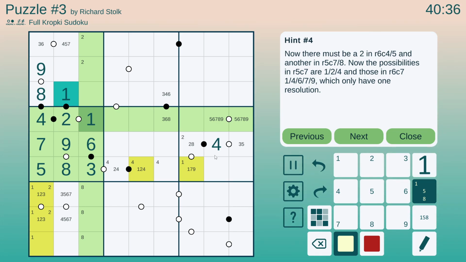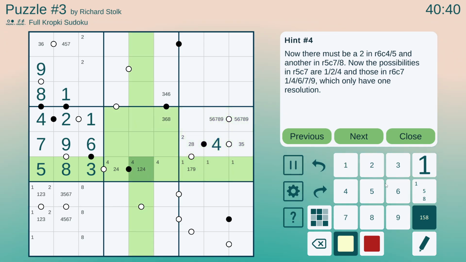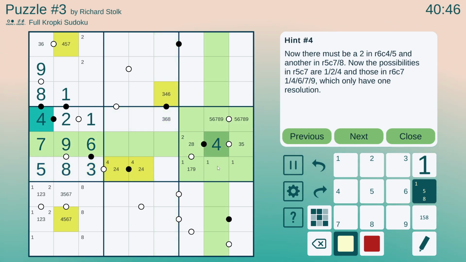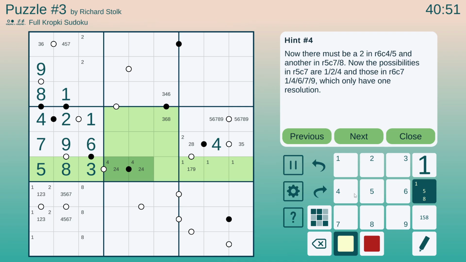Oh, actually, that does get these 1 pencil marks to be true. So now this is a 2, 4 pair exactly. Which means this can't be a 4 anymore. Presumably that does something. Perhaps.